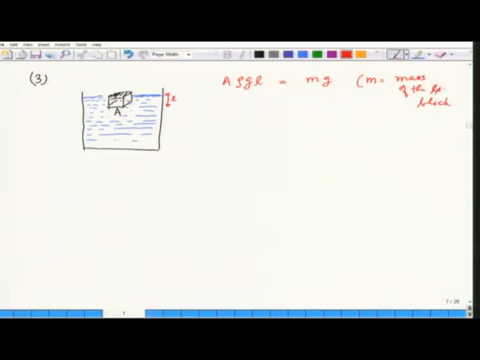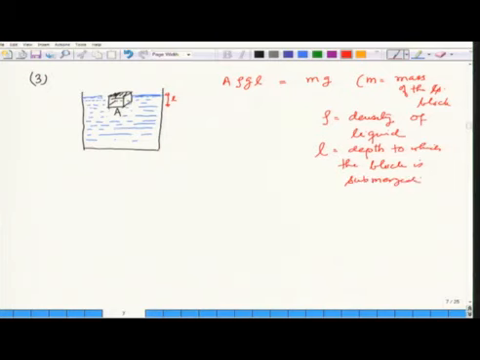Rho is the density of the liquid, L is the depth to which the block is submerged, g is the gravitational acceleration, and A, as I have shown you, is the area of cross section.